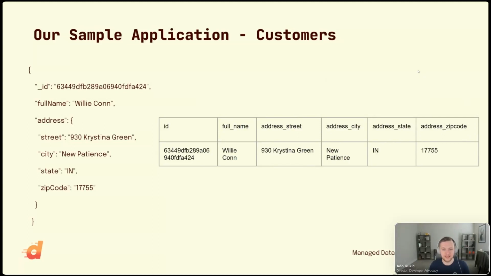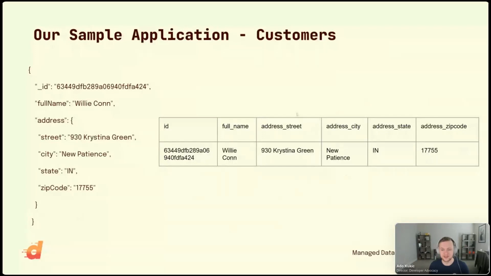Another big benefit of MongoDB is that we can change our data model at any time. For example, if we wanted to store multiple addresses in our customers collection, we can change this address field to an array and then store objects in that array that represent the current address, the previous address, or we can easily add an additional property for a previous address, or previous two addresses, and so on and so forth.